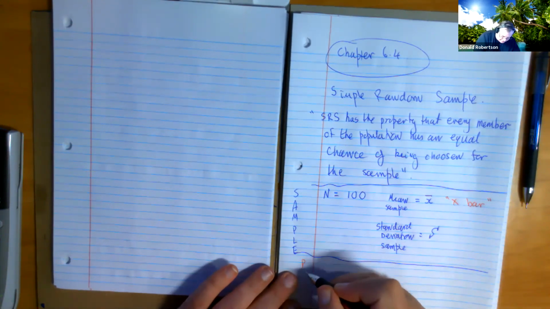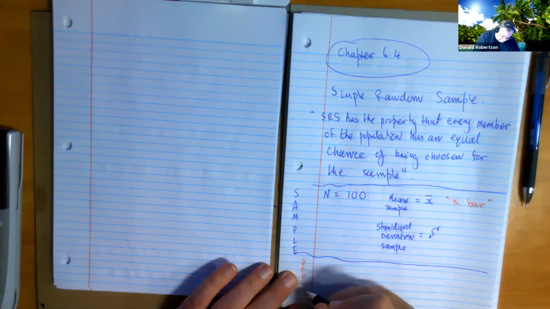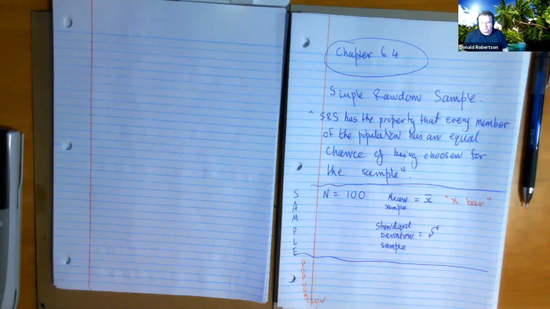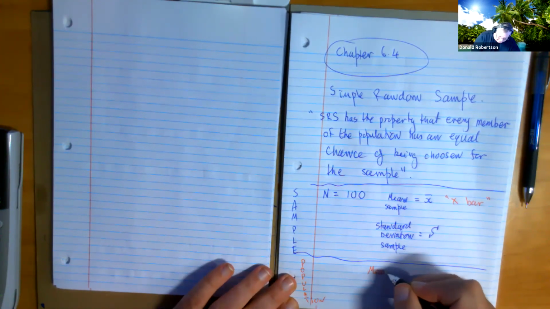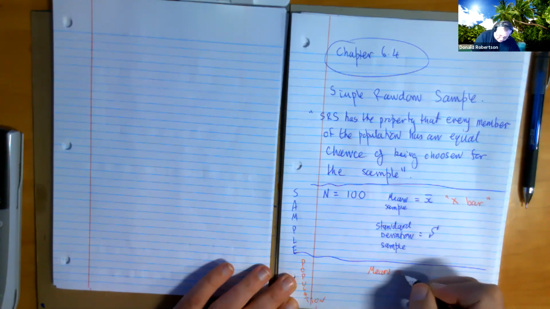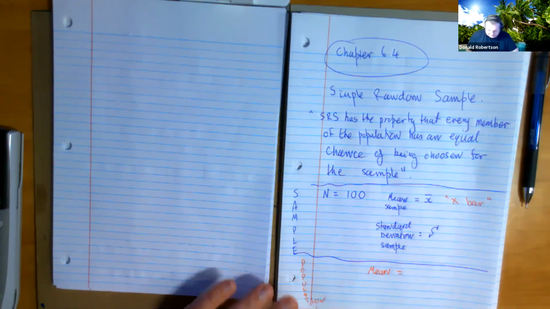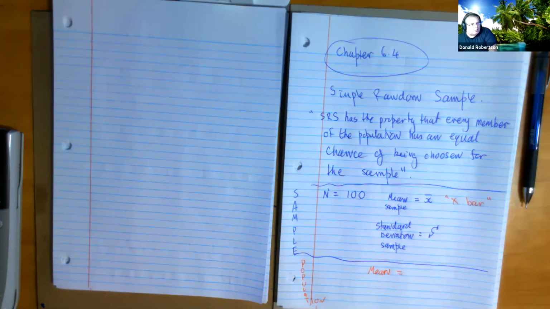Let's look at the population. Doesn't the population of Bremerton have an average age, right? It has a mean.